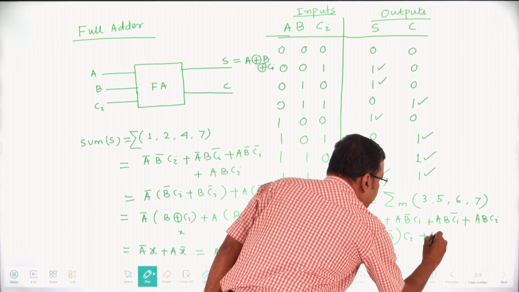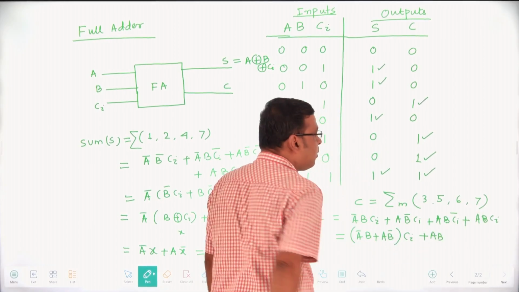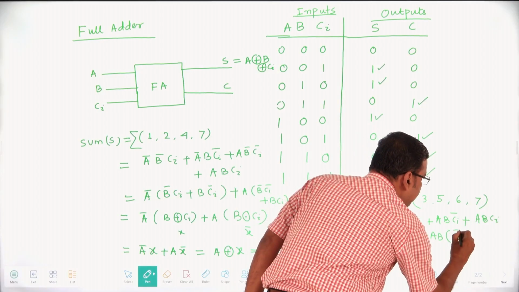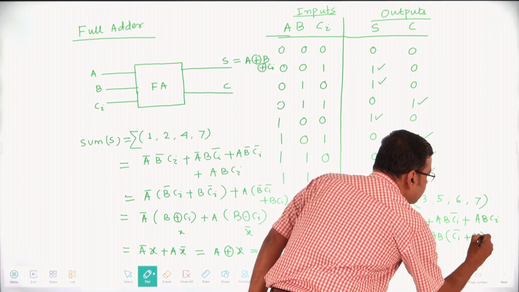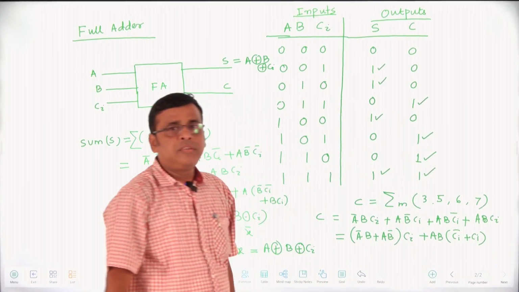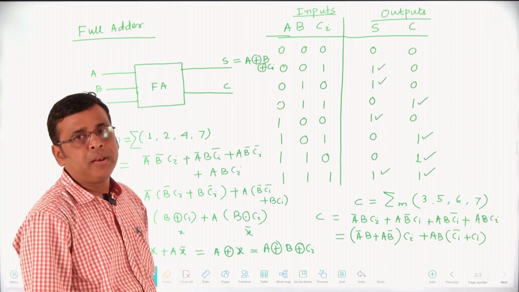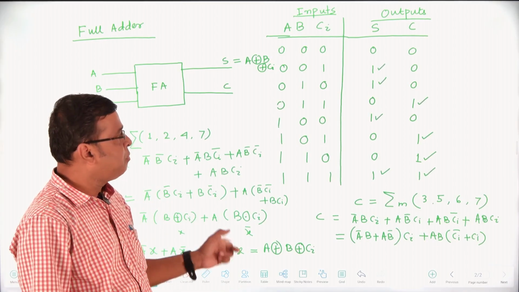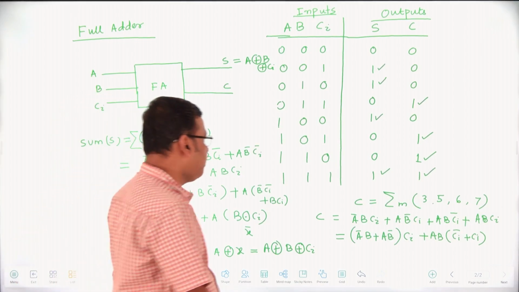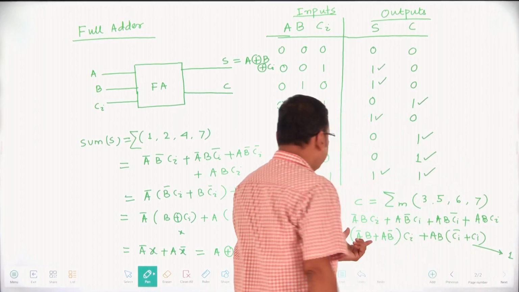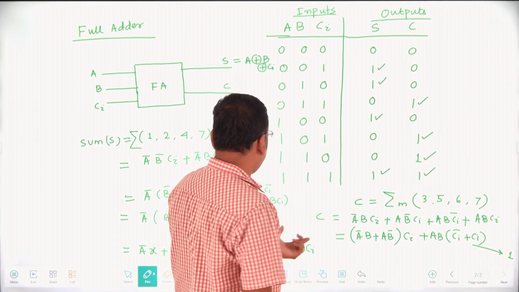Plus AB is common in both min terms, so taking AB common, that is Ci bar plus Ci. Using the Boolean theorem, Ci bar plus Ci is 1. X plus X bar is 1. A plus A bar is 1. A variable plus its complement is 1. So this value is 1, and that's why the expression reduces.